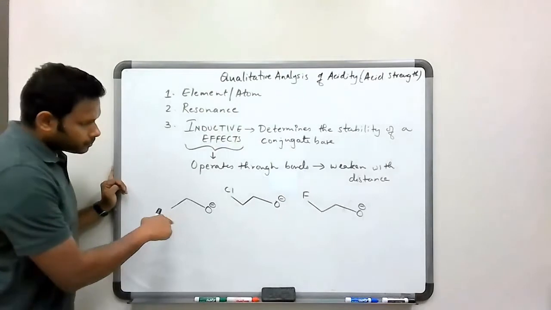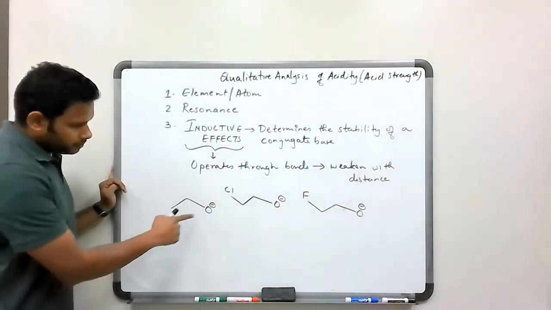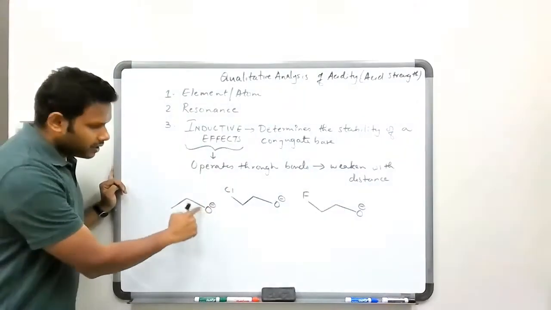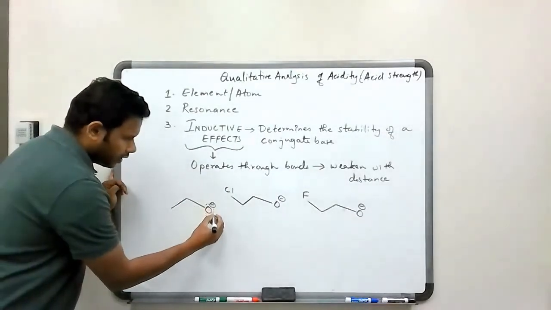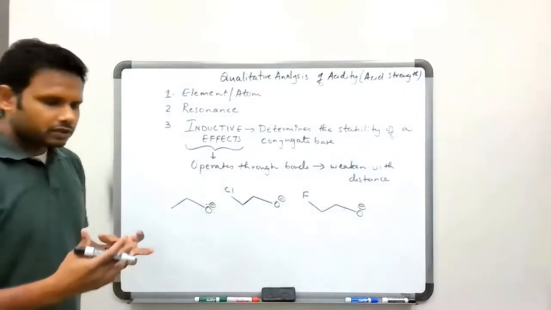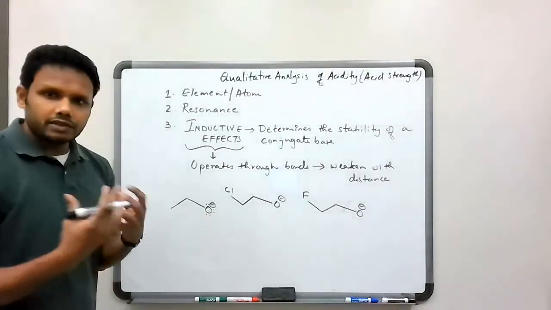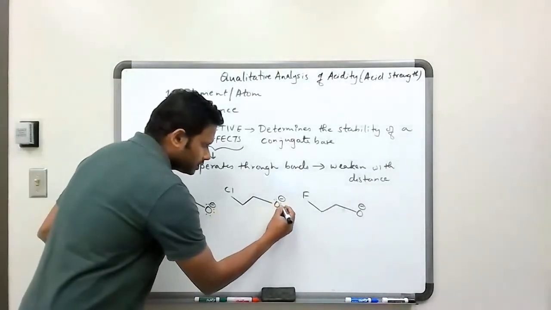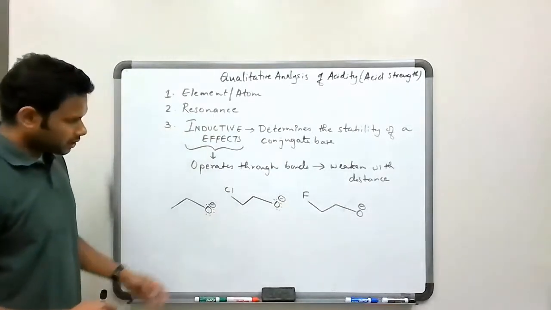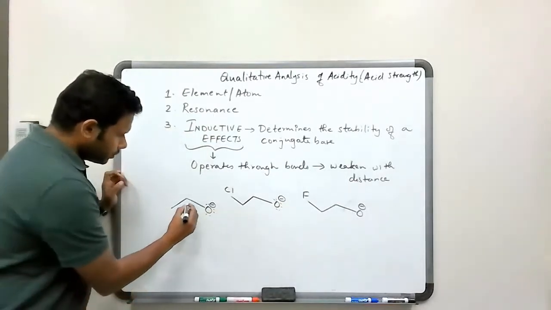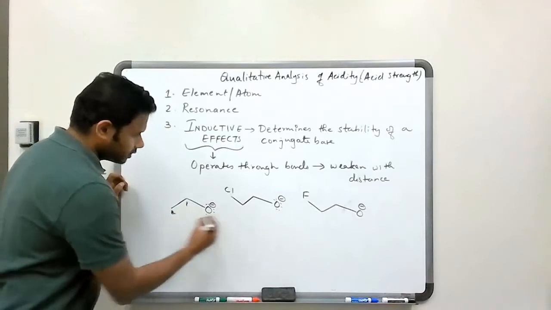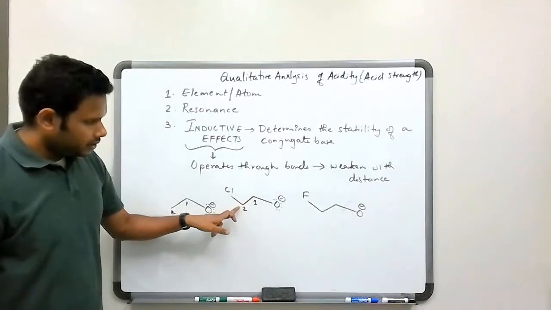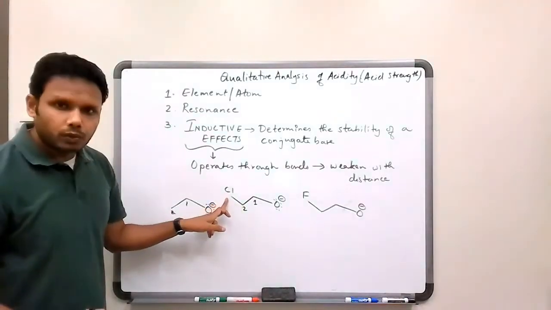So if you think about the first conjugate base here, we have an oxygen which has a negative charge on it. Now, oxygen is an electronegative element, so it should be pretty good at stabilizing that negative charge or holding on to the electrons. When we go to the second conjugate base, notice how the carbon chain length is the same, but on the second carbon, there is a chlorine attached.